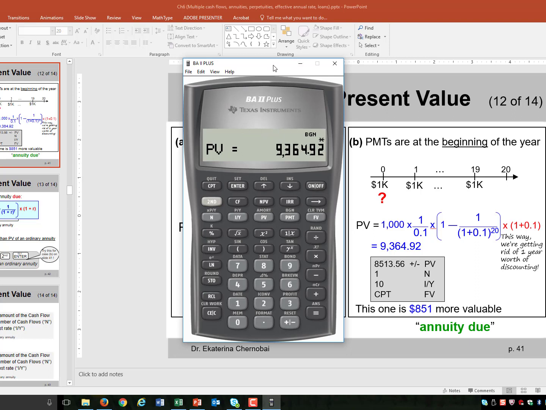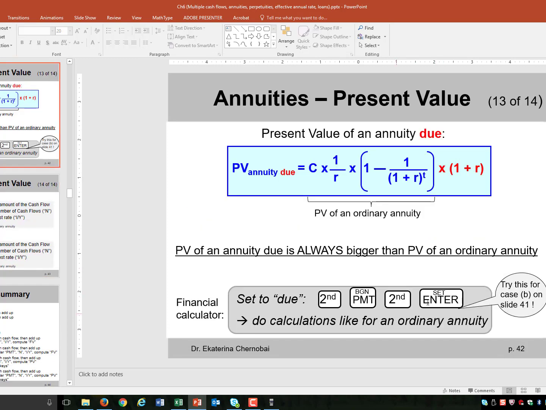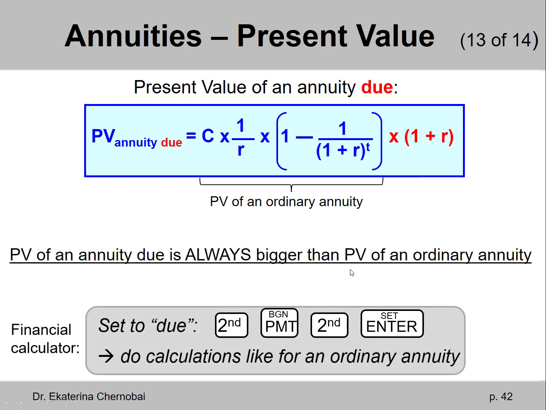So you can switch between the end mode and begin mode very easily by pressing second, payment, second, enter, right? Which is also explained on the bottom of slide 42. So you set the calculator to the begin mode, and then you do the calculations like for an ordinary annuity.